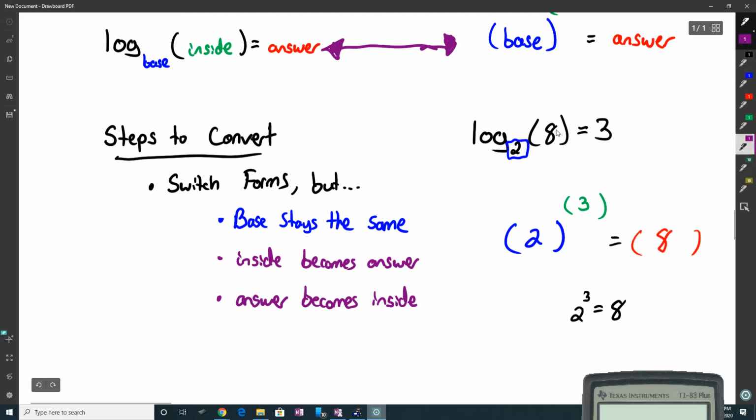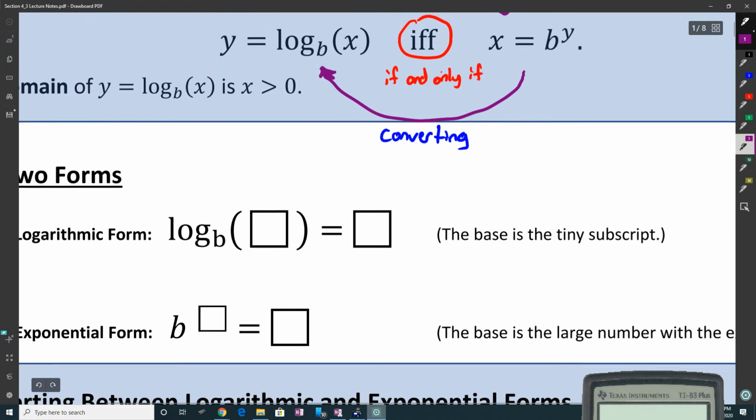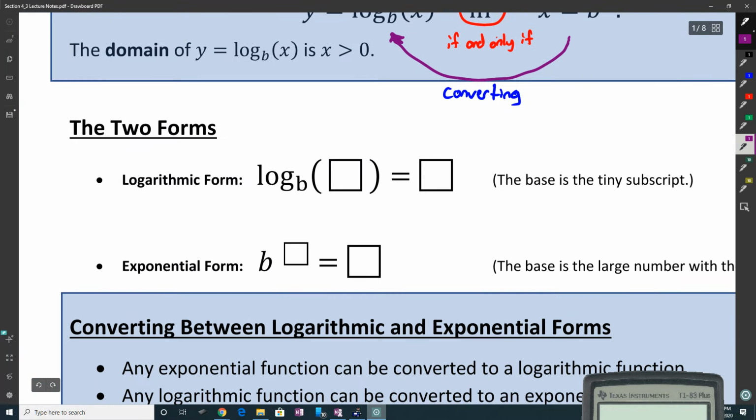So that's what we mean by converting. You want to get this guy and change it to be that guy, or you want to get this guy and change it to be that. And all you do is these three things. You switch forms, the base stays the same, the inside becomes the answer, and the answer becomes the inside. So if we go to our handout, I have it written out, same thing I just said. Notice that the base stays the same.